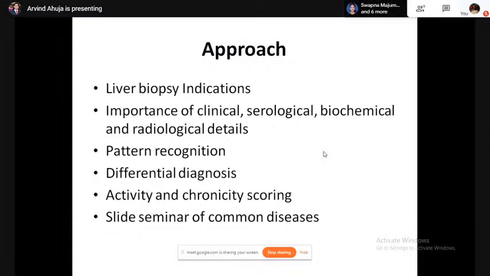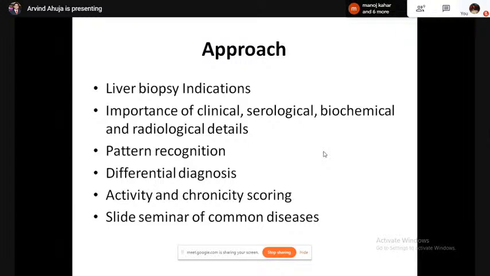So you should know the background, why the biopsy has been done, what the serology report is, what the biochemical details are, as well as which pattern of disease we are looking at in the microscope, whether it is an acute hepatitis pattern or a chronic hepatitis pattern, whether it is a biliary pathology or a fatty liver disease or metabolic disease, and many other diseases like DILI, which is drug-induced liver injury. So you have to see various patterns and organize them to reach a final diagnosis.